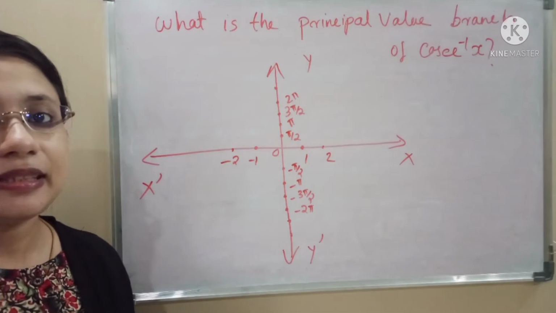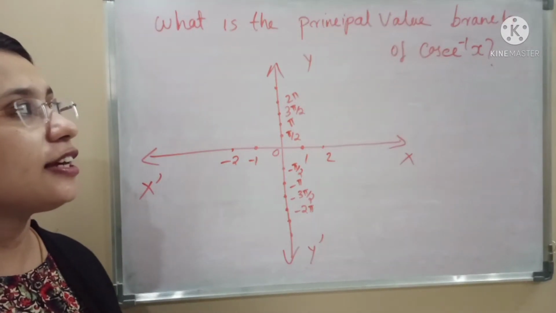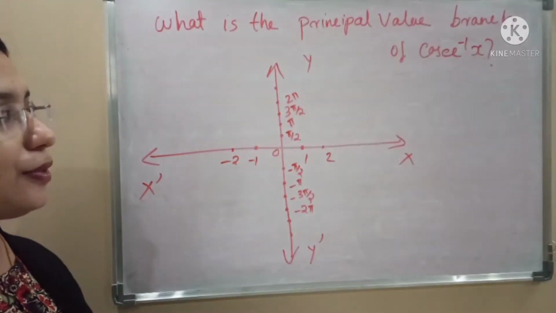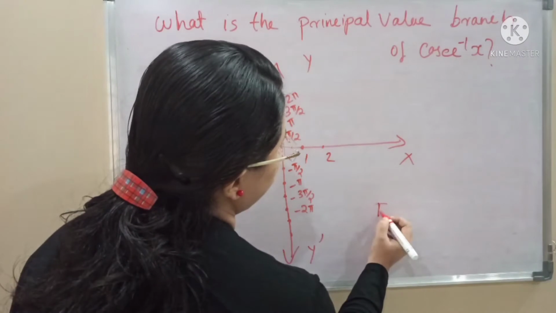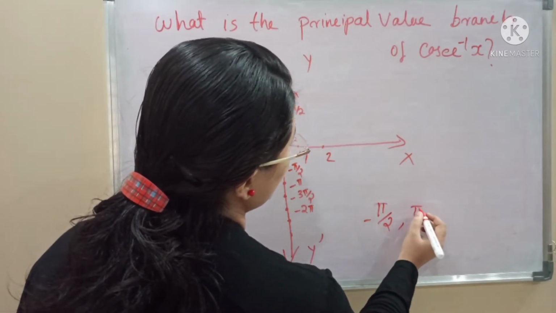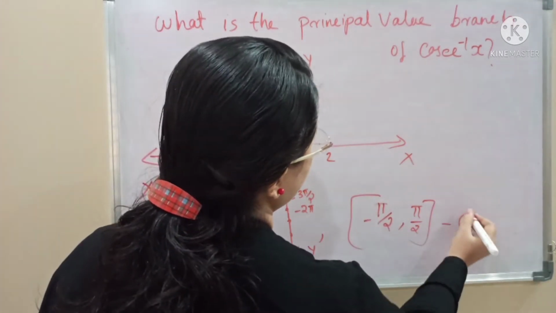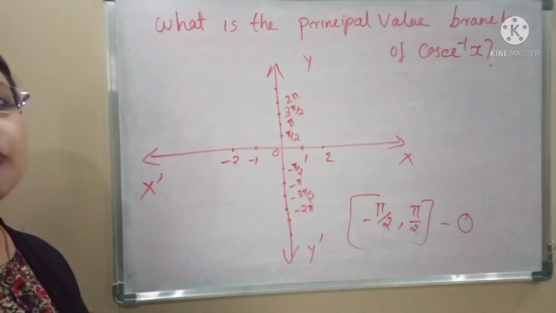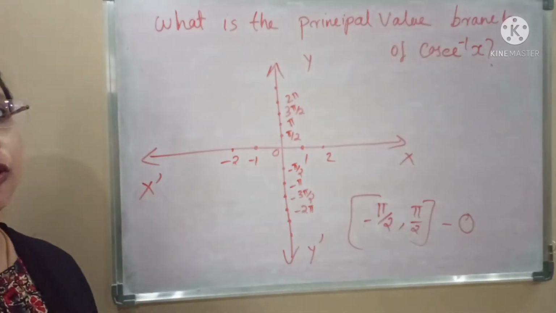Now what is the principal value branch of cosec inverse x? Okay, so that will be minus pi by 2 to pi by 2, excluding 0. So this is the principal value branch of cosec inverse of x.